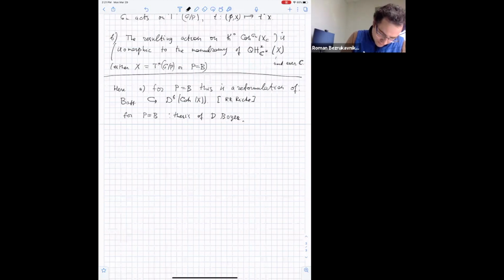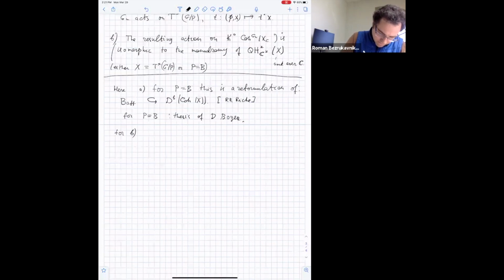And so the comparison for B proceeds by explicit calculation. What I'm trying to say is that it's not a conceptual comparison argument, but both sides are explicitly computed.